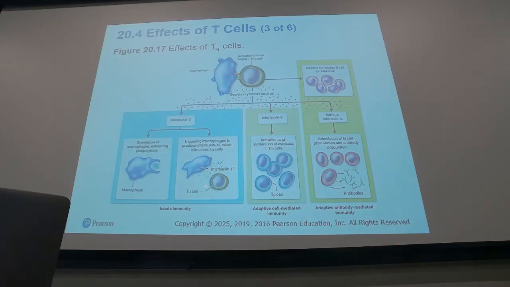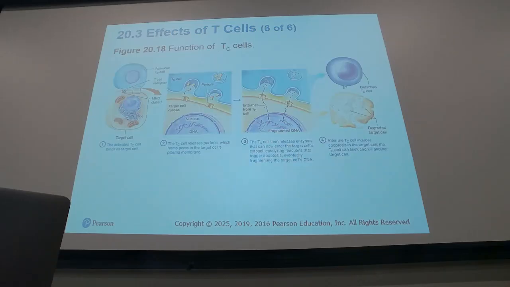Or you can activate both helper cells and macrophages. So you have this along with the formation of more helper memory cells. So those are the effects of T helper cells: either release interleukins or activate the proliferation of B cells so that you can form antibodies.